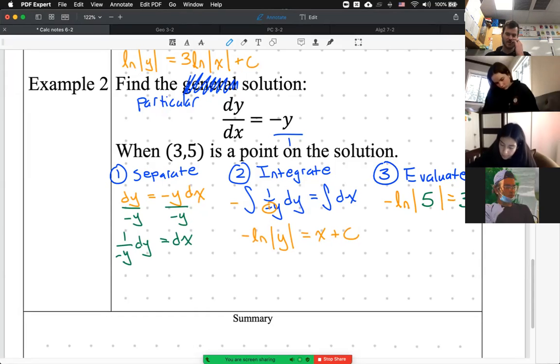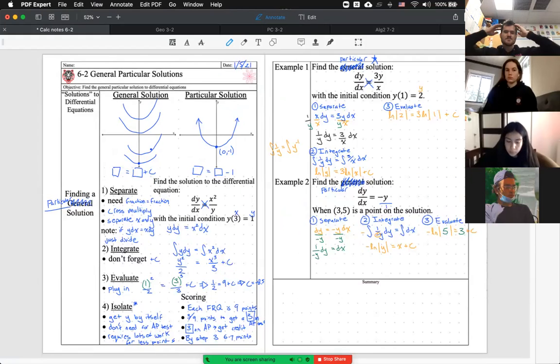There it is. And because we haven't really learned how to undo natural log on both sides yet, we're done. I mean, we have in pre-calculus, but I don't remember if you remember how to do that. So we'll just leave it there for now. I'll reteach that tomorrow. All right, there it is.